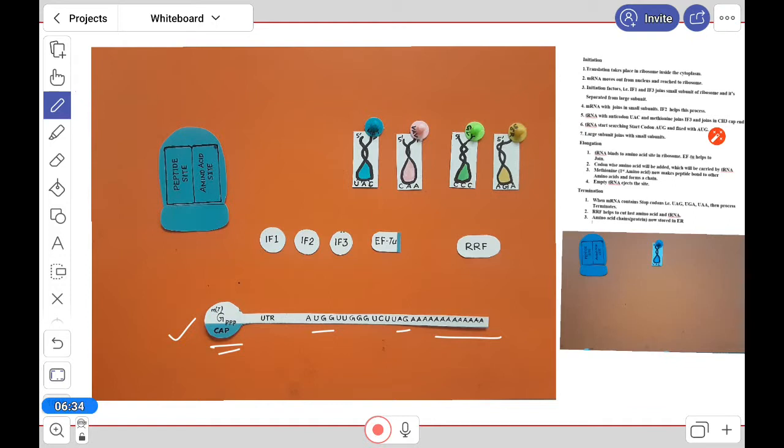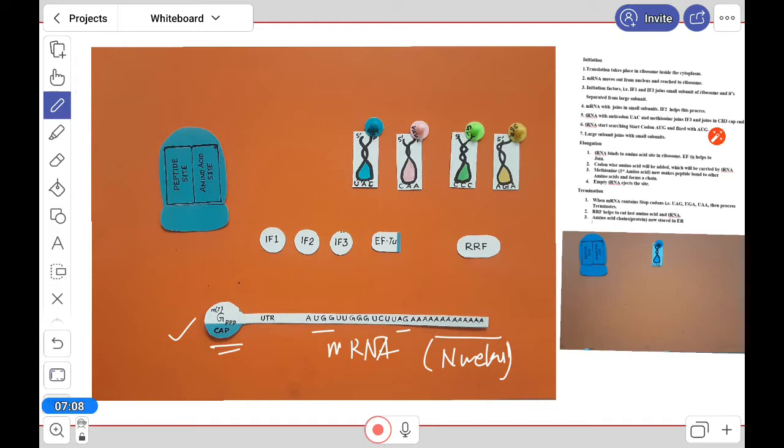Alright, now this is mRNA. You have to remember that mRNA is produced in the nucleus. From the nucleus, this mRNA moves out through the nuclear pore, and now here it is in the cytoplasm.